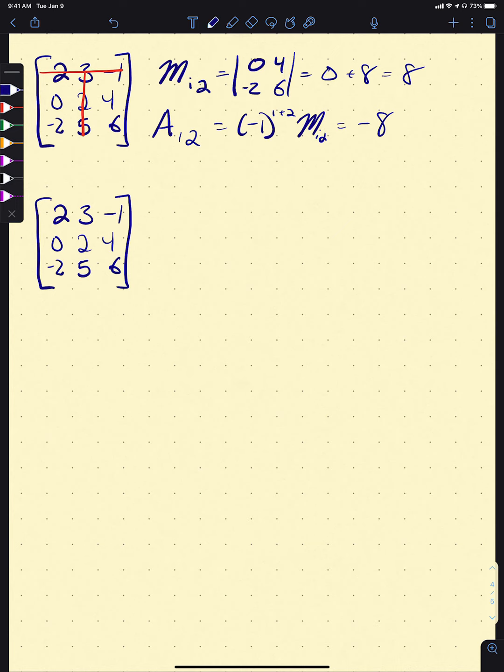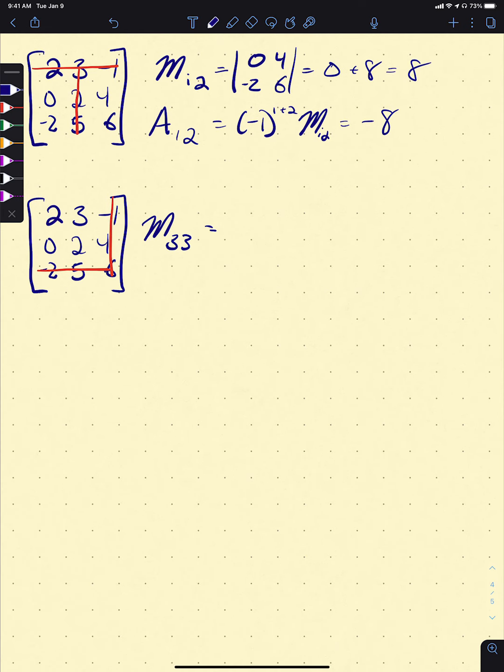And how about we do the 3, 3 minor? Okay, it's going to involve deleting the third row and the third column. So it looks like the matrix that we're left with is 2, 3, 0, 2. Okay. And when we take the determinant of that, looks like we're going to have 4 minus 3 times 0, so minus 0, which is just 4.